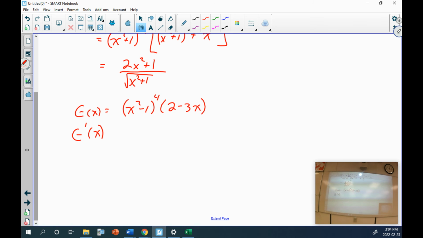Then we're going to take our over and then take the derivative, plus, plus, times the derivative. So that's my basic product.